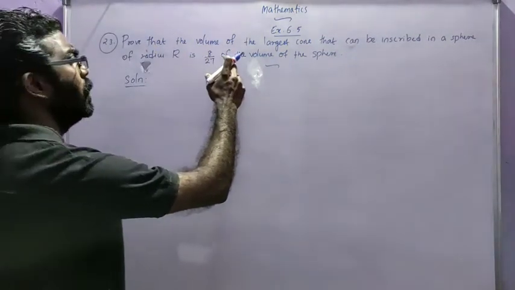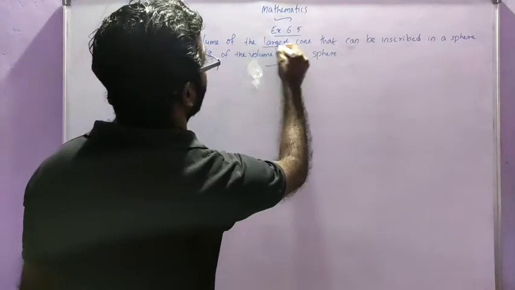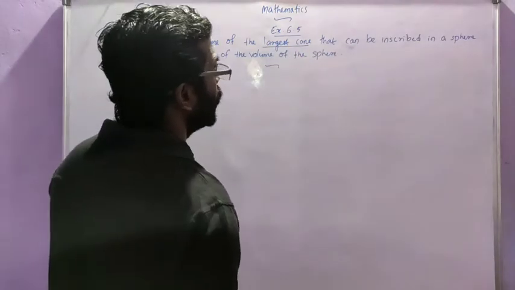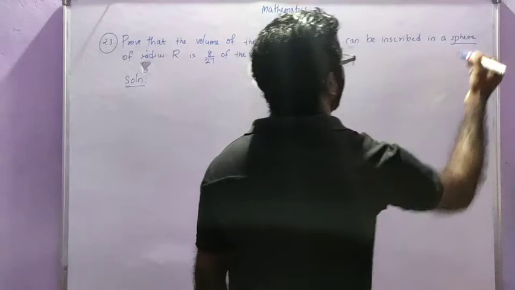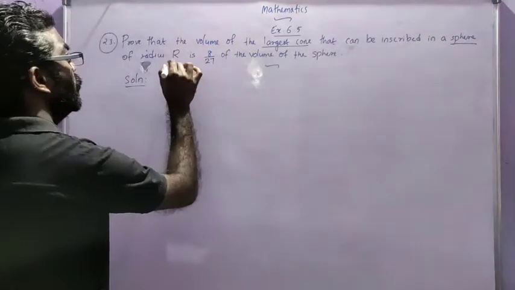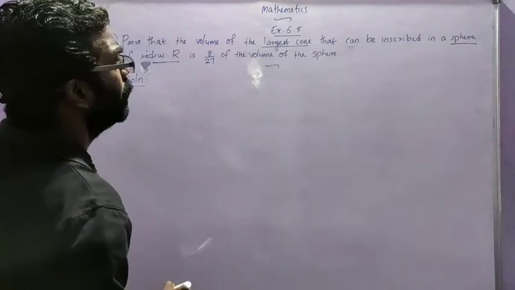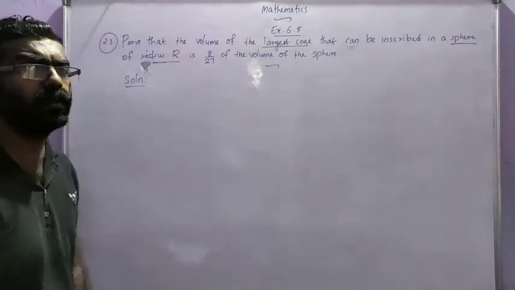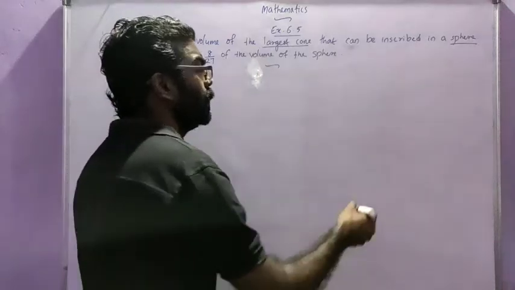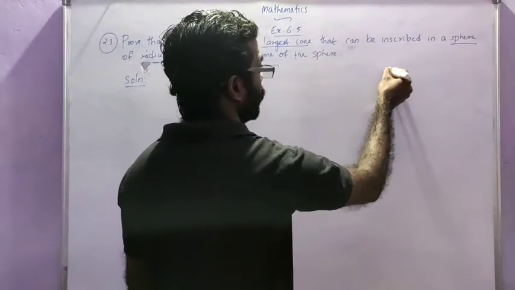Prove that the volume of the largest cone that can be inscribed in a sphere of radius r is 8 by 27 of the volume of sphere. Okay, first of all we can draw one sphere.